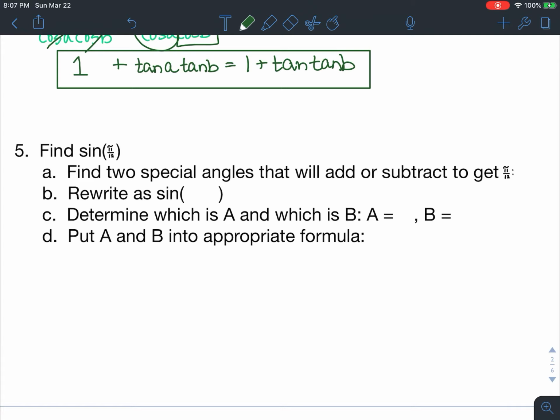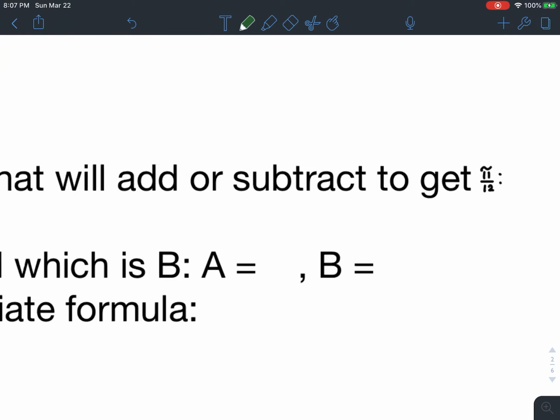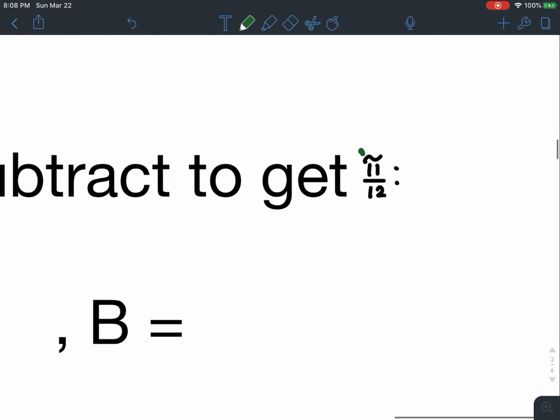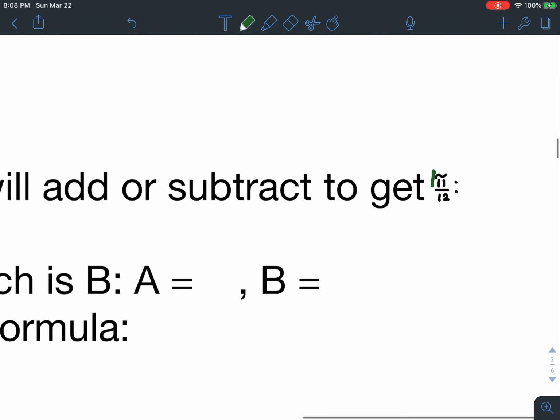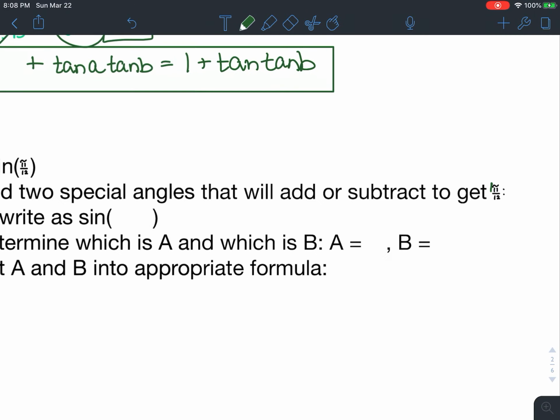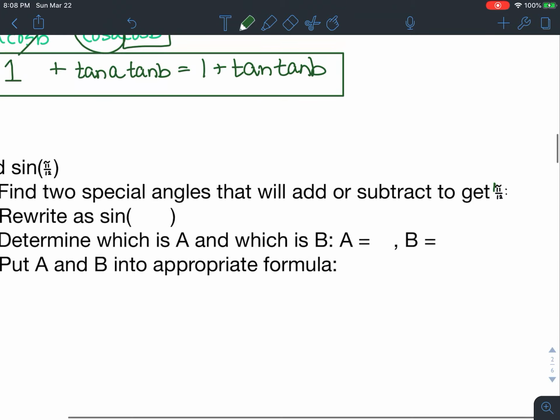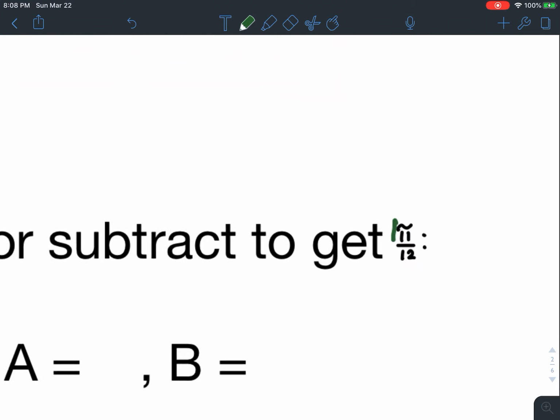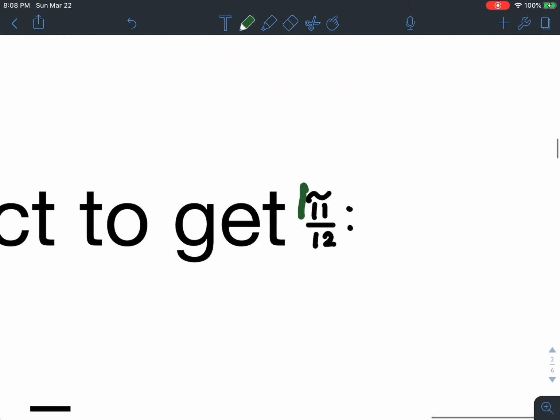You might not recognize them as special angles in the beginning, so I would just start with twelfths. What are some twelfths that you can subtract that will get 1/12? You could have 2 minus 1, 3 minus 2, 4 minus 3, or 6 minus 5. We could keep doing this for a while. But you want to make sure that the angles you pick will simplify to something that is a special angle.